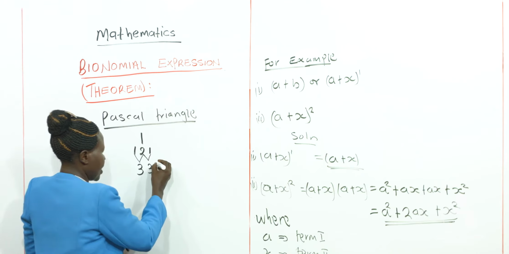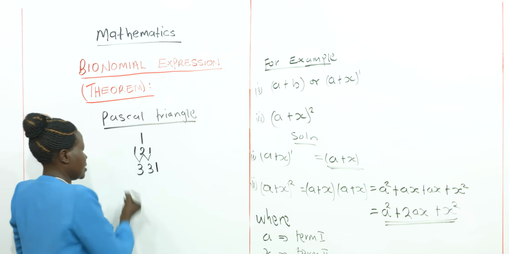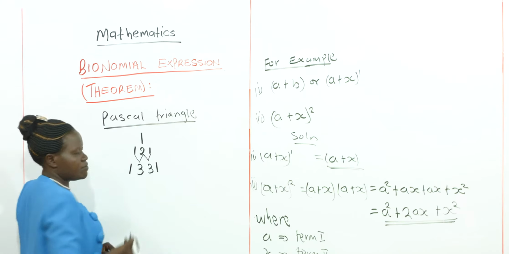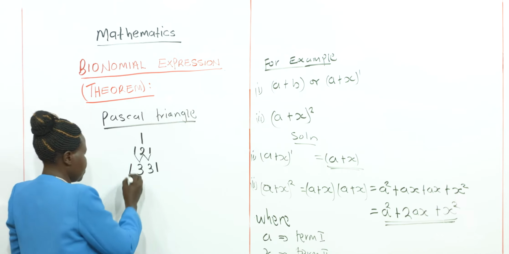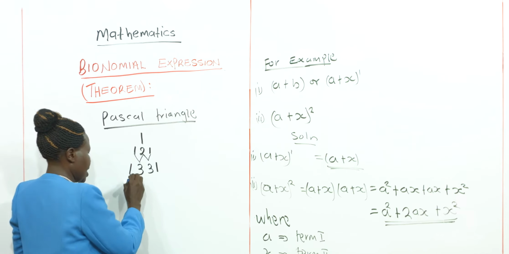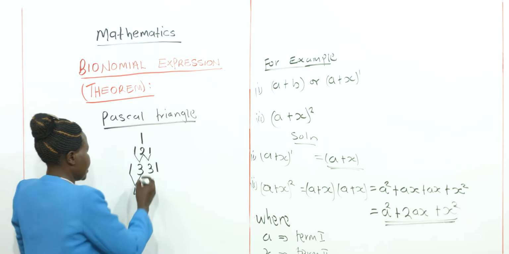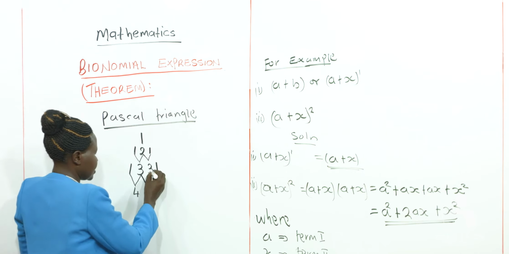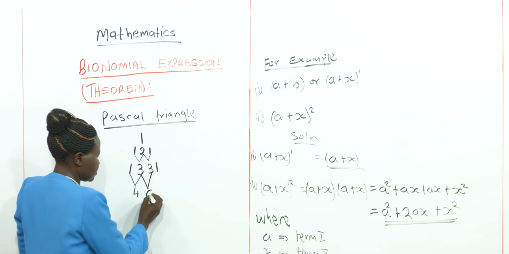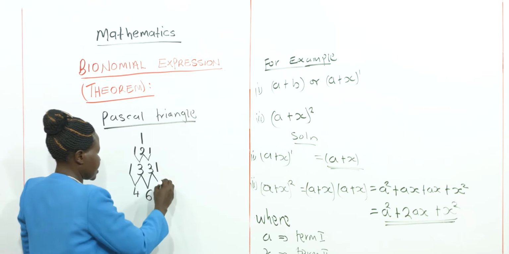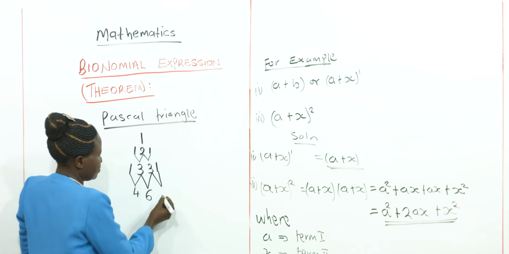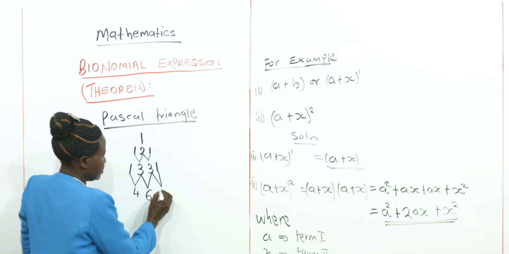Then you add 1 on the right hand and 1 on the left hand, and then you begin to add. When I add 1 plus 3, I get 4. When I add 3 plus 3, I get 6. And when I add 3 plus 1, I get what? I get 4.